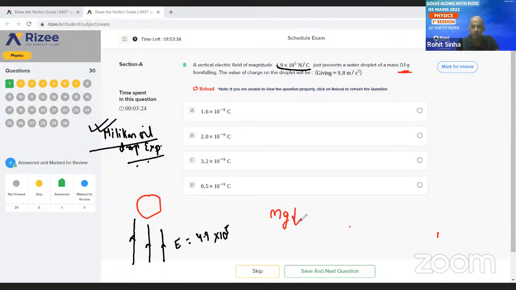The QE, that is the electrostatic force, which is going to balance it.